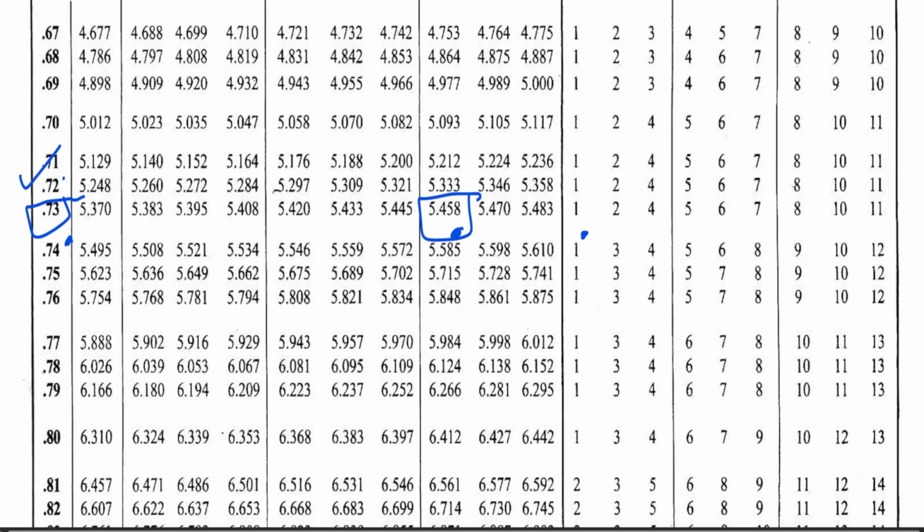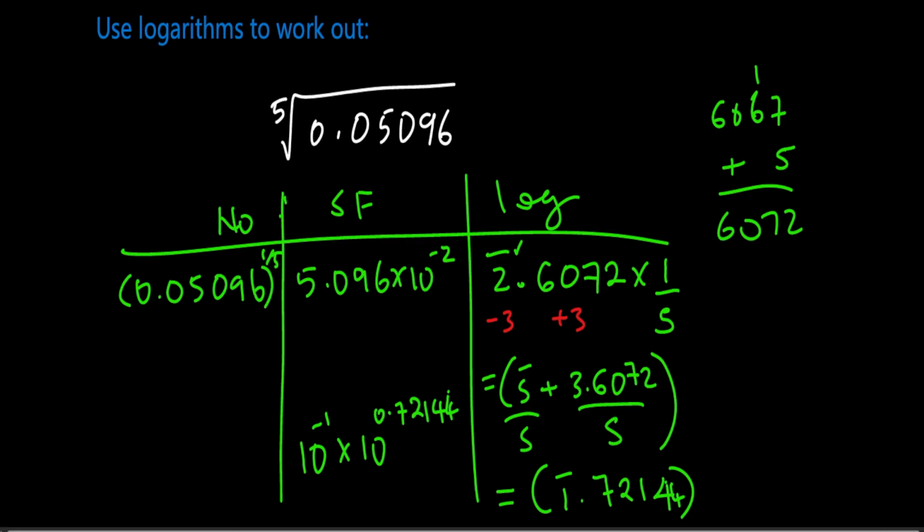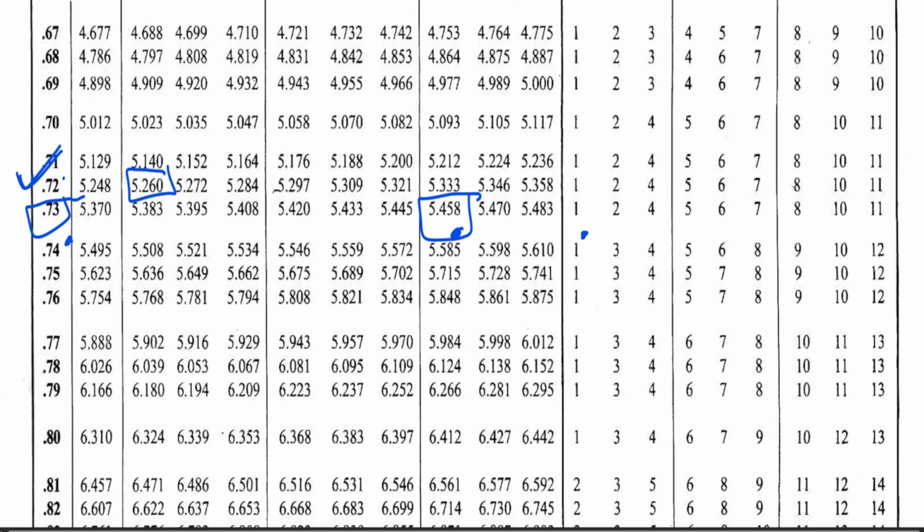So 212, yeah, just 7.21 is not the value in writing a lot of things. So 7.721 and then 4.